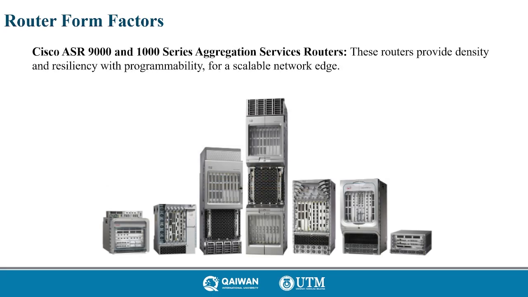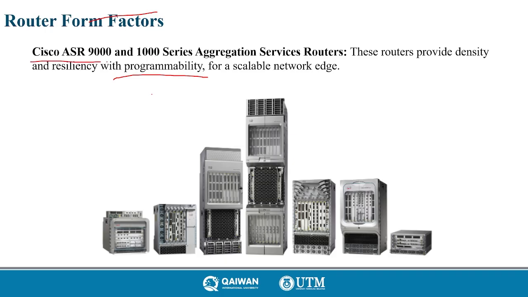And we have the Cisco ASR 9000 and 1000 series aggregation services routers. These routers provide density and resilience with programmability. So if they ask you in the exam which router or series of routers can give us density, resiliency, and programmability, now these would all be for the scalable network edge.